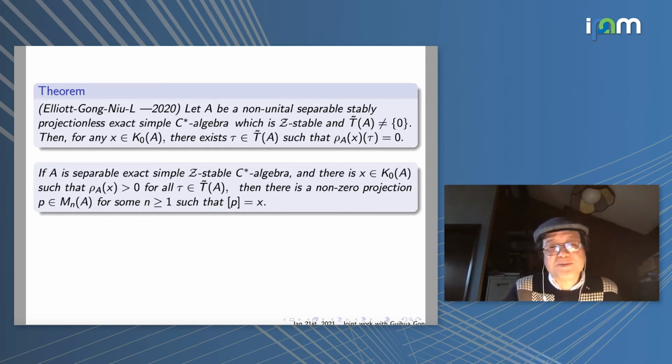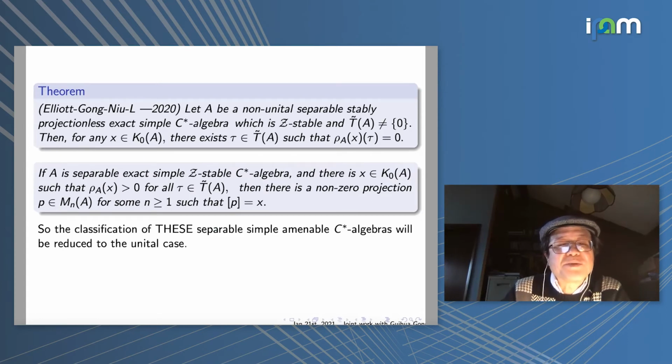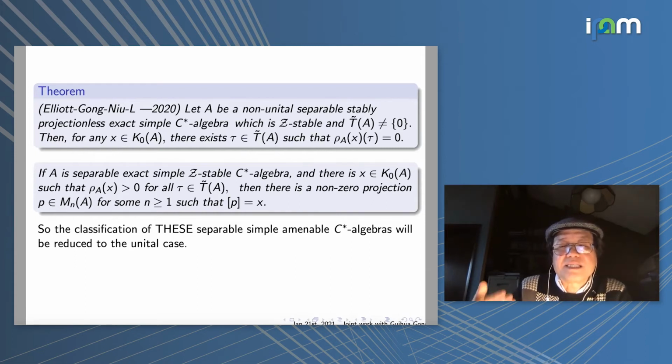And this eluded us for a very long time. It was only proved in 2017, even though it was predicted by George Elliott for a long time. So with this, we can see the classification of those algebras with a positive pairing reduces to the unital case.